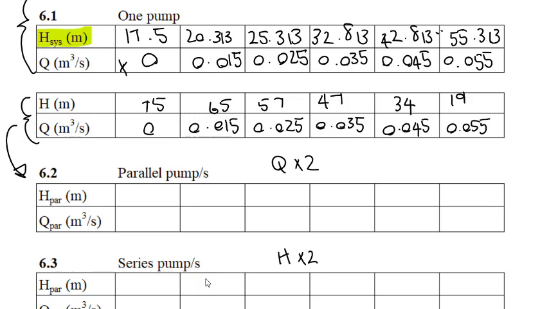So let's do this one. Again for parallel, the H values will be 75, 65, 57, 47, 34 and 19. The only values we need to multiply by 2 are these Q values here. So the first one will be 0.